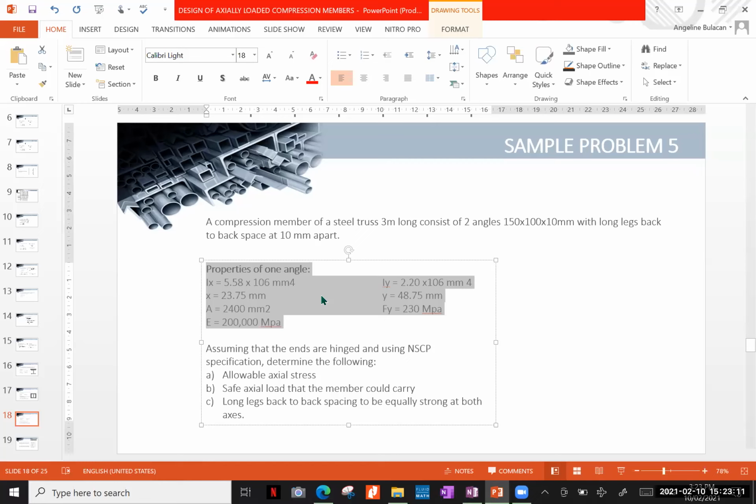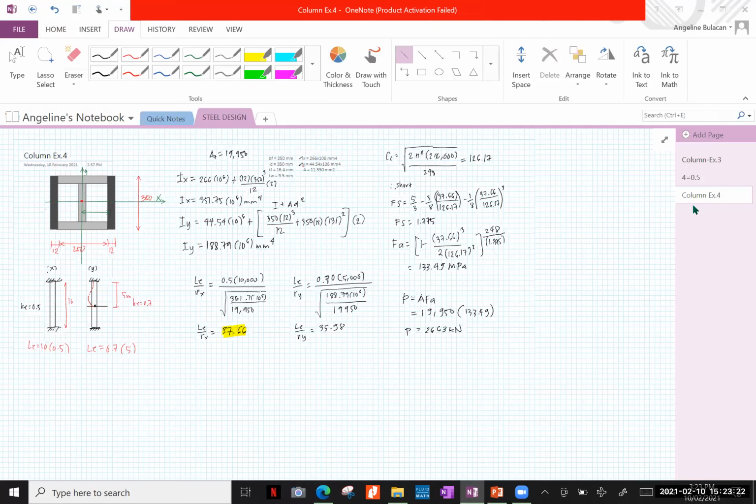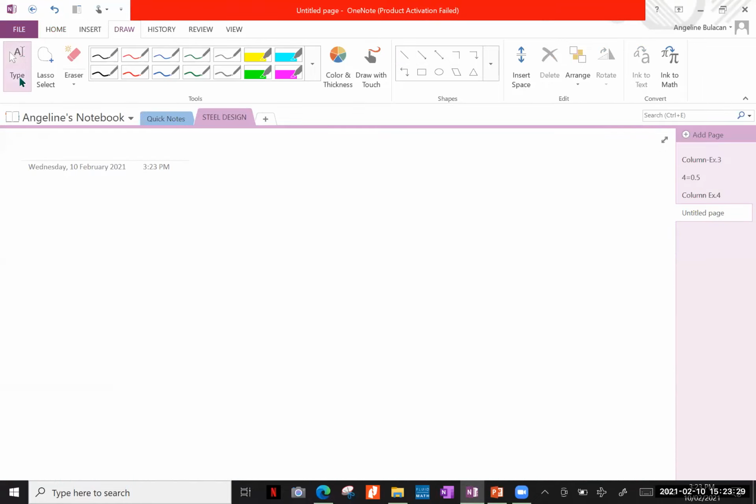Length is 3 meters. 2 angles, 150 by 100 by 10. Back to back, 10 apart. Sige. Solve natin. This is column example 5.